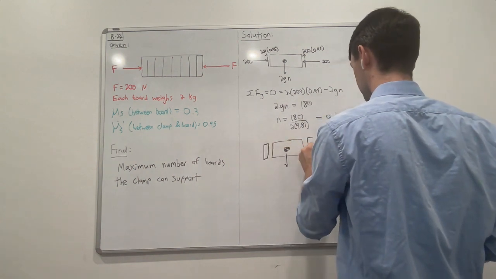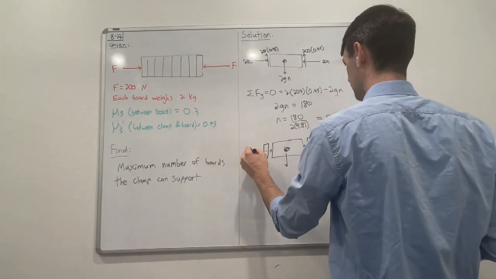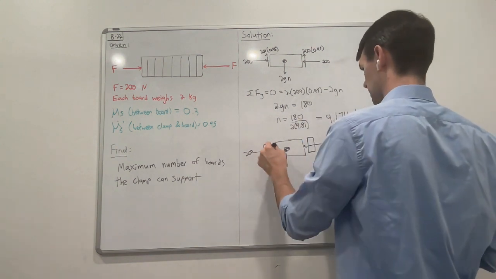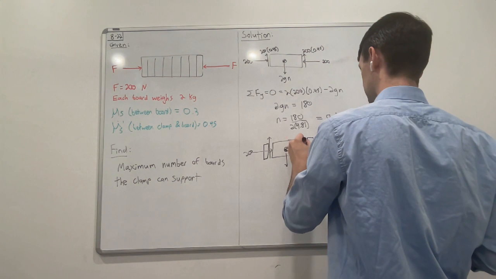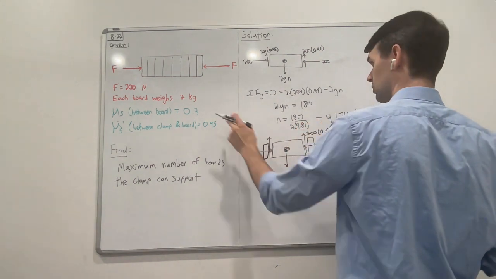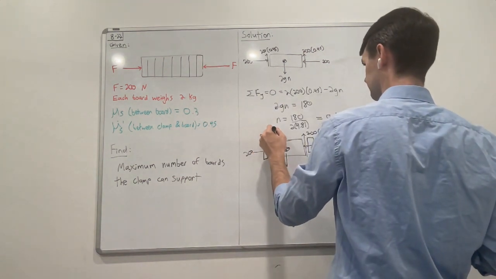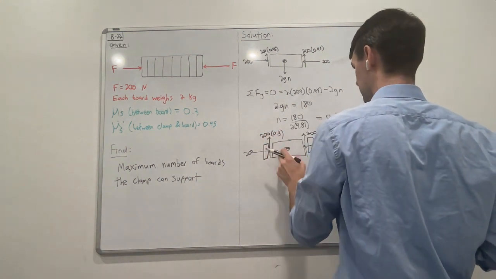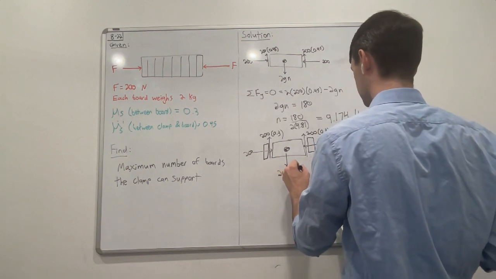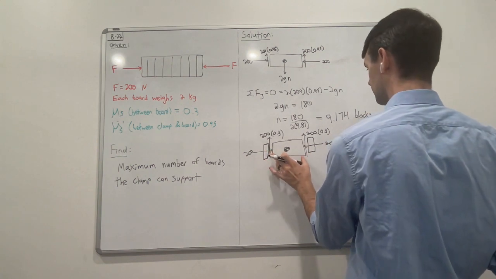We still have the 200-newton force felt by all the blocks, and at these surfaces we have friction forces of 200 times 0.3, because this is the contact between blocks. The collective weight is no longer 2gn, but 2g times (n minus 2), because we are not counting the mass of the outer blocks in the overall weight.